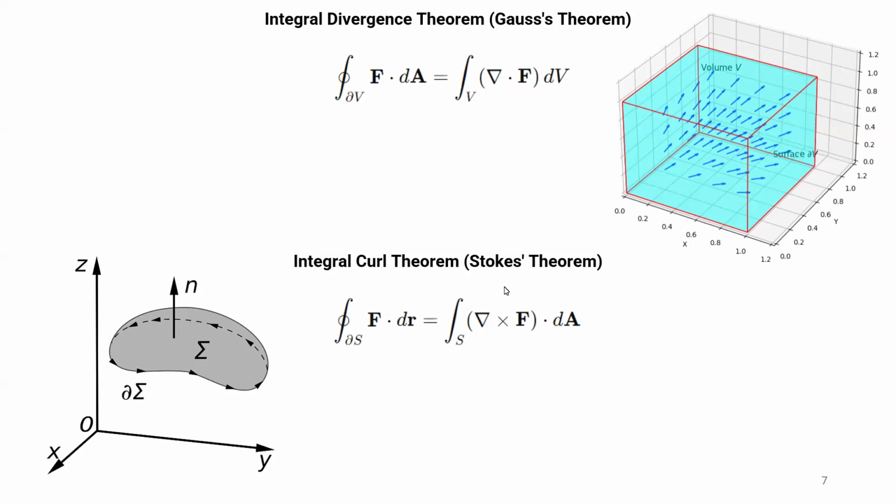This theorem allows you to calculate this flux by integrating the field itself, F, over the closed path that describes the edge of the surface.